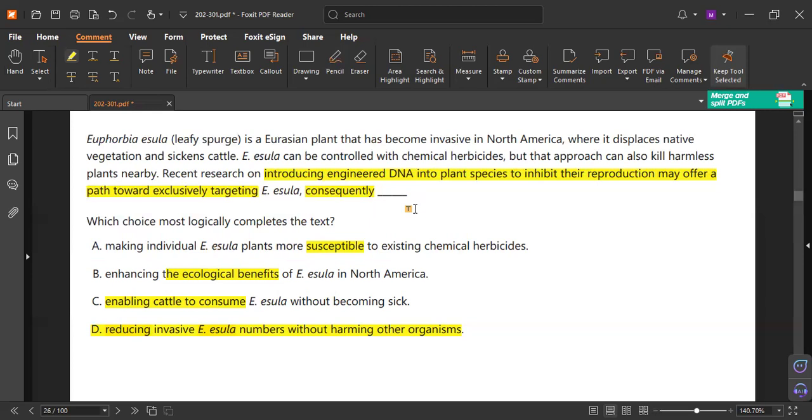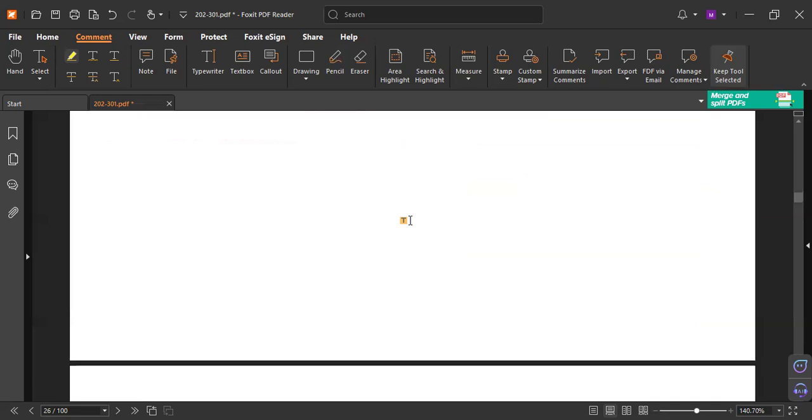That's why D is the best answer. So based on this fact, what could be concluded? That we reduce the numbers or we minimize the negative effects of this plant. That's why, by using engineered DNA, okay.